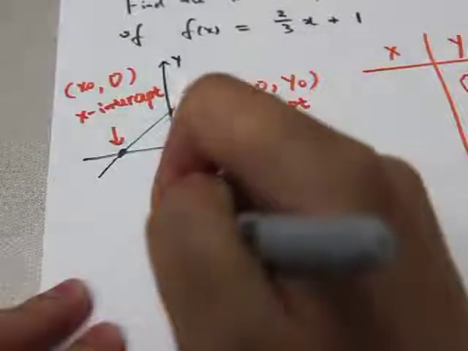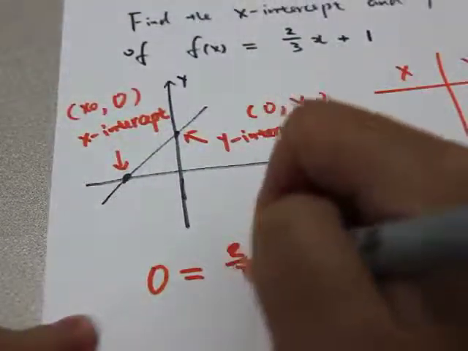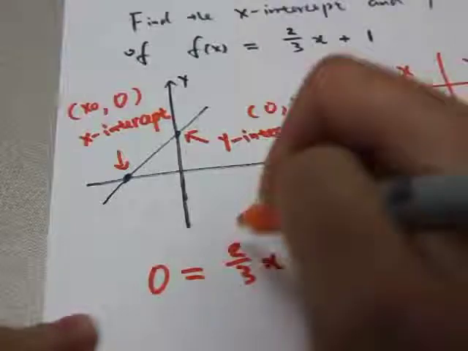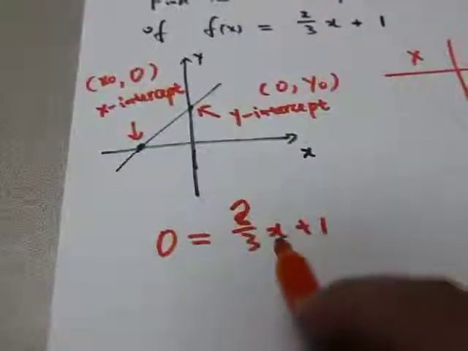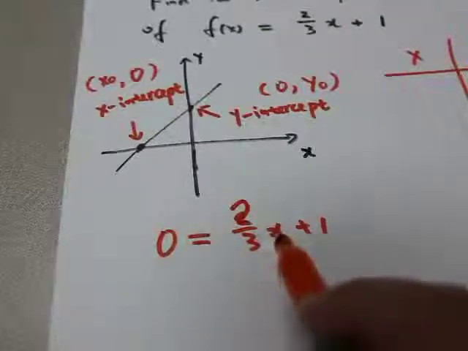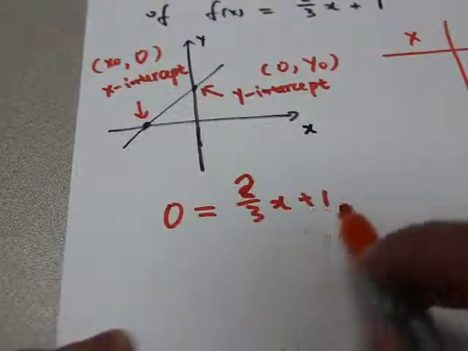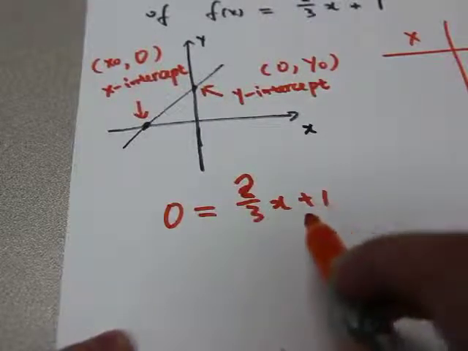This requires us to solve this equation for x. So we wonder, when y is 0, what is the corresponding x? To answer this question, we need to solve this equation.